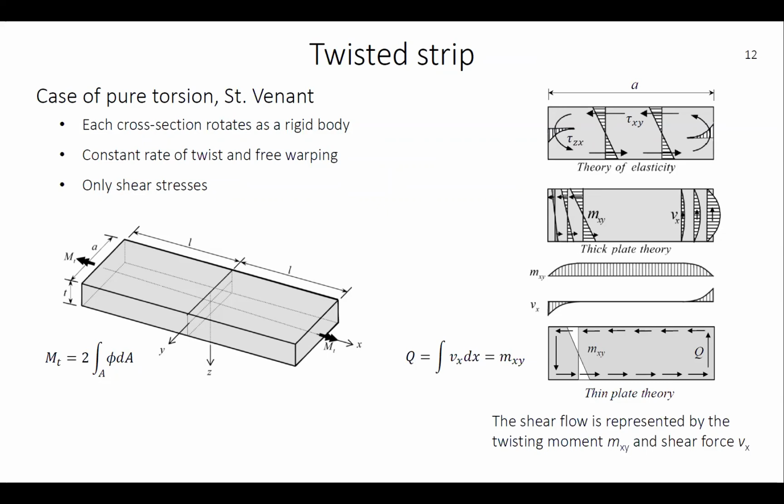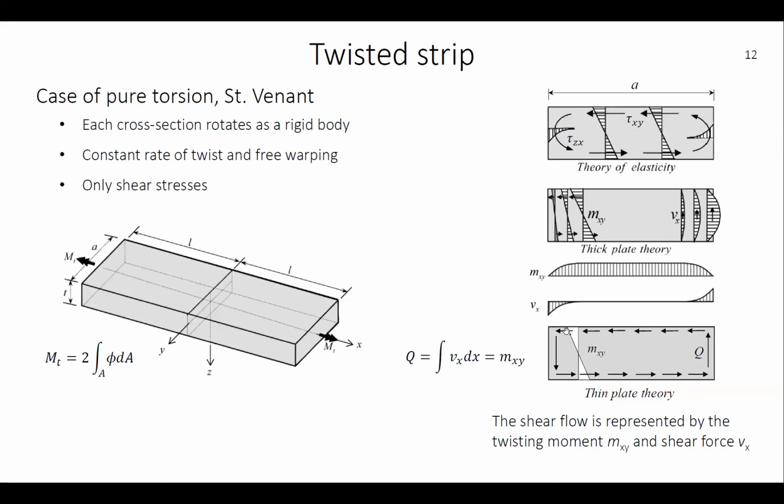In thin plate theory, on the other hand, we omit the shear strains, and the shear flow is represented instead of this twisting moment mxy, and you will obviously not have the shear strains in it, so it's represented by a discrete shear force at the end corners, which is denoted Q here.